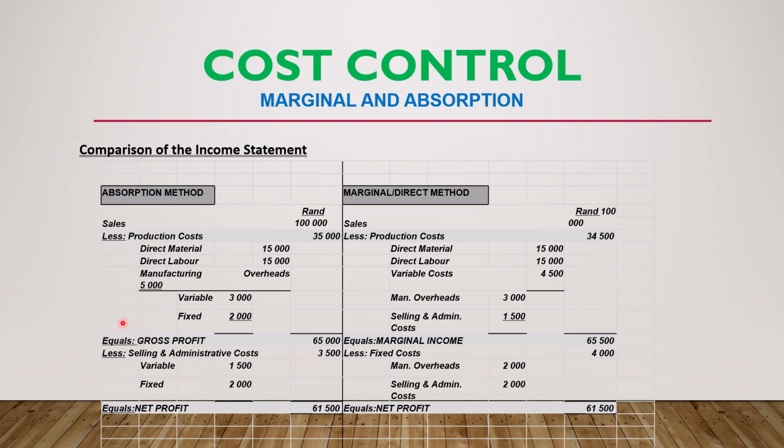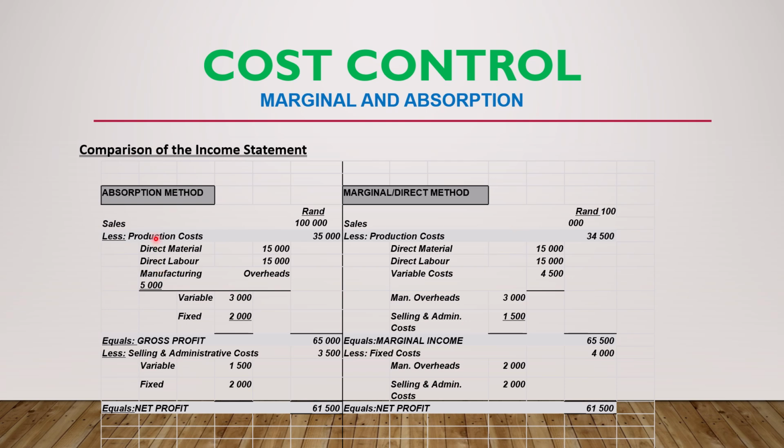But now, since we are in the production or manufacturing business, instead of having cost of sales, we are going to have production cost, because we are producing, so we have to calculate the cost of producing. It's unlike trading whereby we buy and sell.